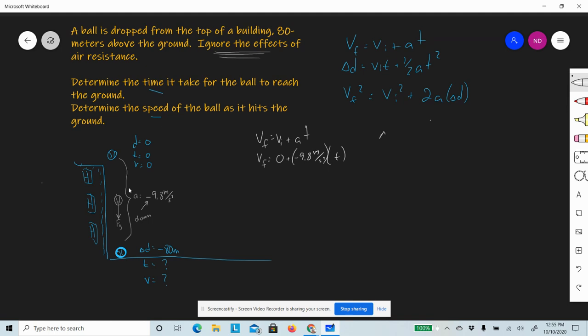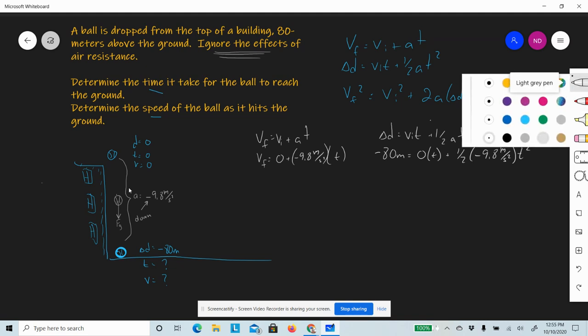What's the next one? Change in position equals Vit plus 1/2 At squared. Change in position: it starts at 0 and drops 80 meters, so it's going to lose 80 meters. Its initial velocity is 0. We don't know the time there, plus 1/2 acceleration, negative 9.8 meters per second squared, times time squared.